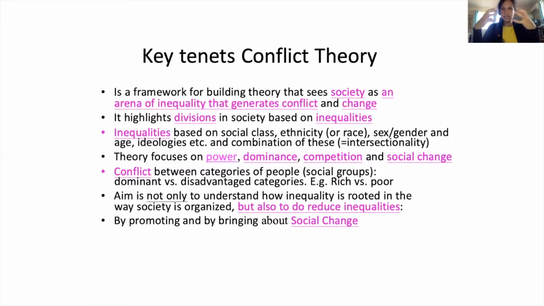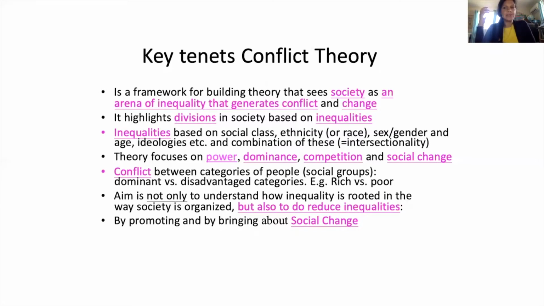And there's this pool of all kinds of inequalities. This is the root of conflict, the root of power imbalance, the root of oppression. It highlights divisions in society based on inequalities.